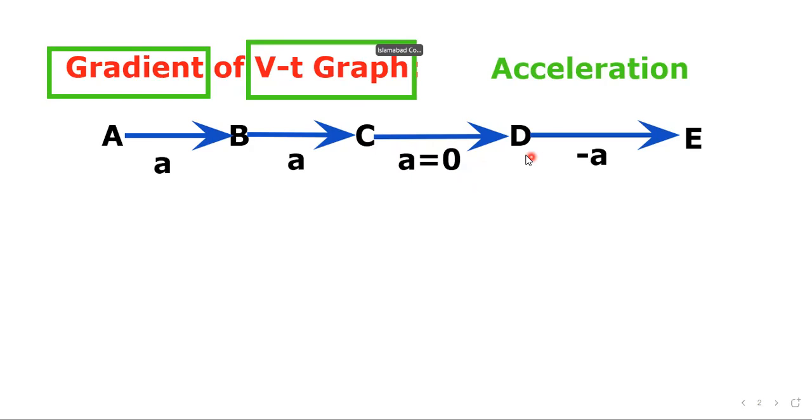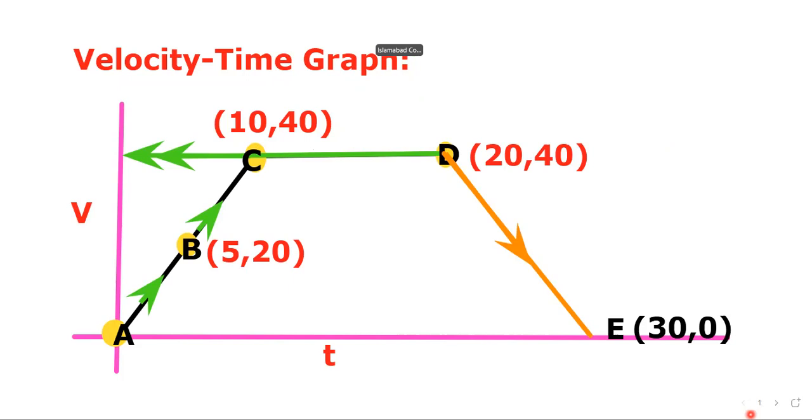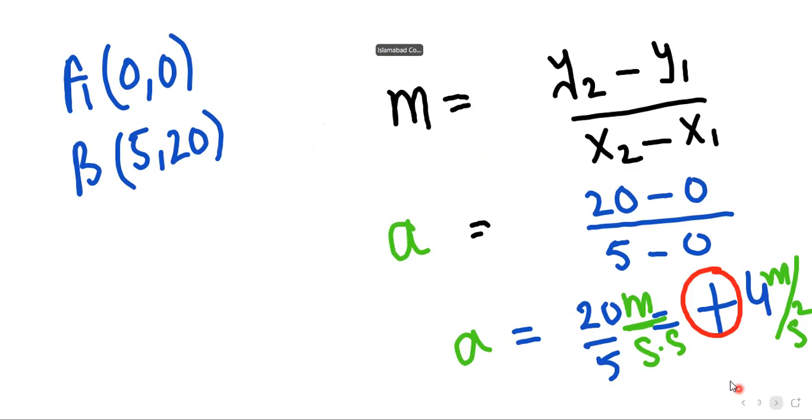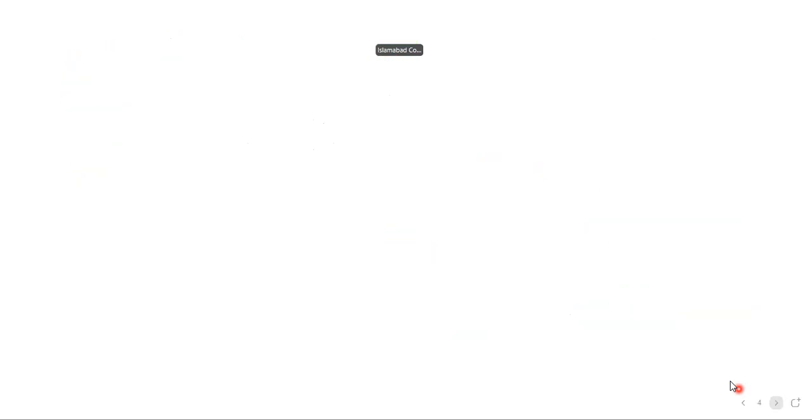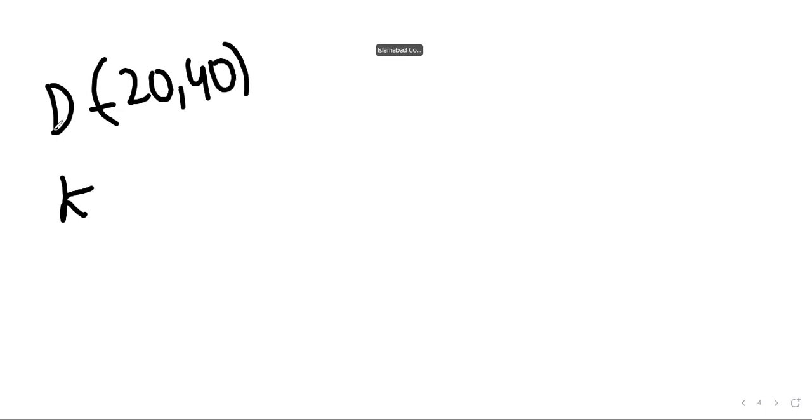Okay, now let's calculate from D to E. D to E is negative acceleration, means deceleration. D is (20, 40) and E is (30, 0). Okay, now let's calculate the gradient.